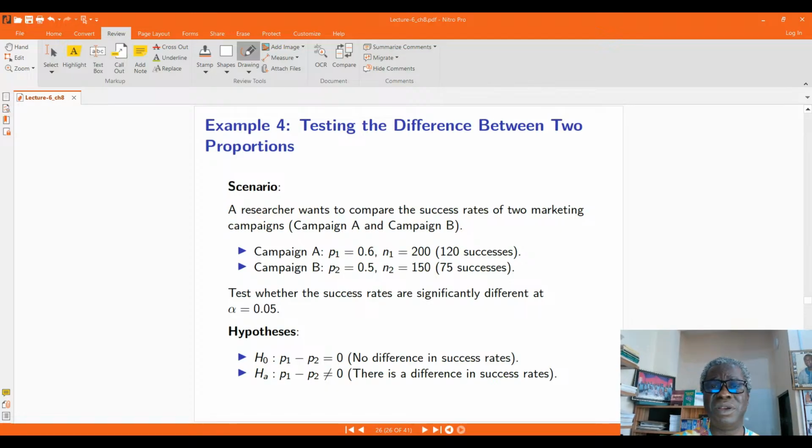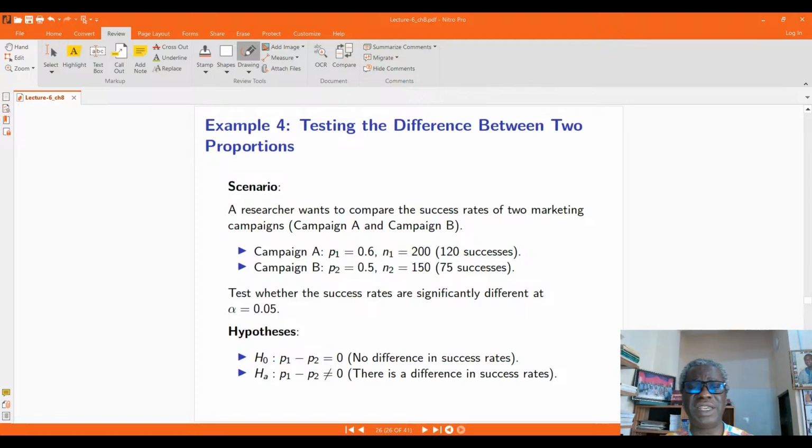So P1 is 0.6, P2 is 0.5. So precisely half of those campaigned to accepted the service.